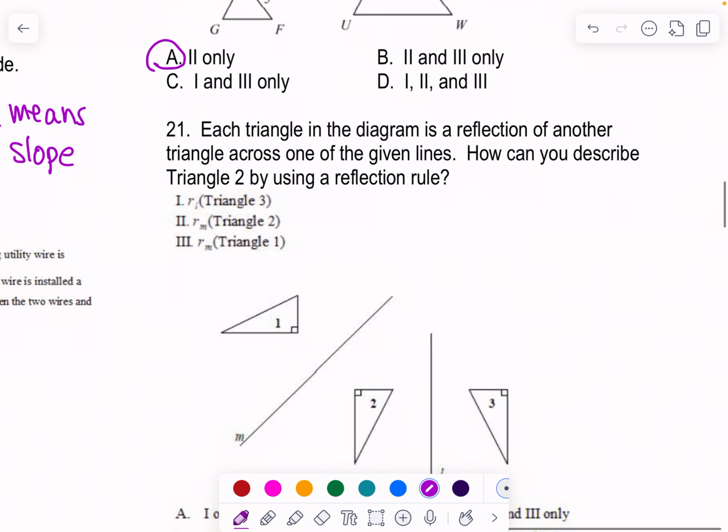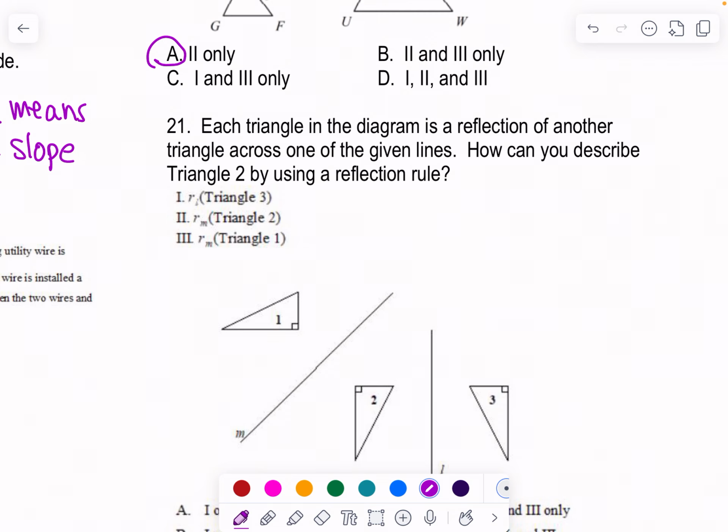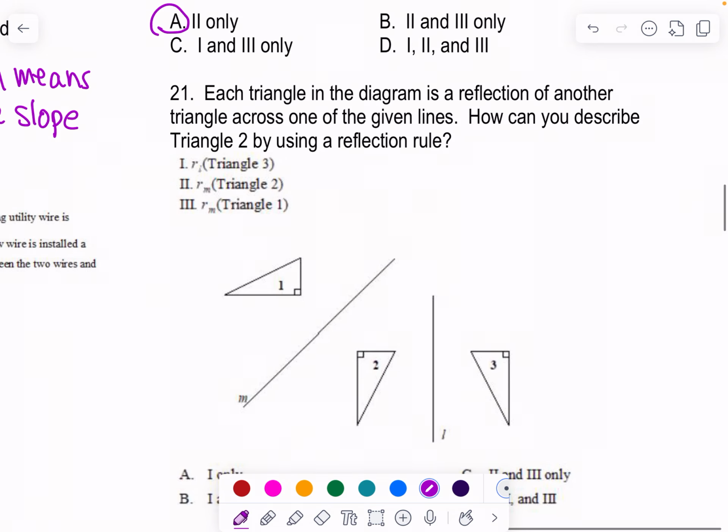Each triangle in the diagram is a reflection of the other across one of the given lines. How can you describe triangle 2 by using a reflection rule? So the little R, like right here, it's really small.